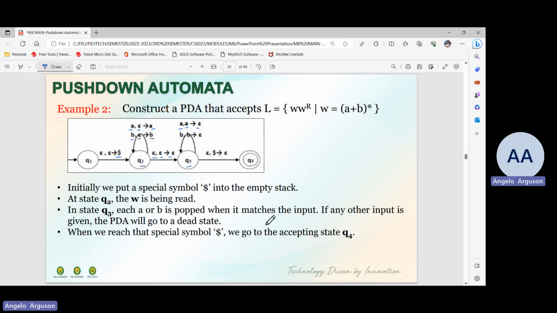If any other input is given in the PDA, it will go to the dead state. Hence, the reason why we are just repeating everything here. When we reach the special symbol, we go to the accepting state. We are ready to reach Q4, that is, if we encounter a special symbol.